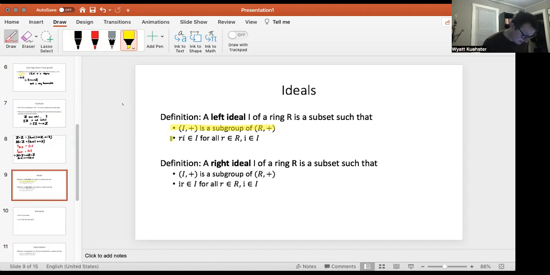It's that it has to be closed under scalar multiplication on the left by ring elements. So if I take ring elements and multiply them on the left by ideal elements, I land back in the ideal. That's the condition. And we'll see that ideals of rings will allow us to define quotients, and they'll make the inclusion map a ring homomorphism.